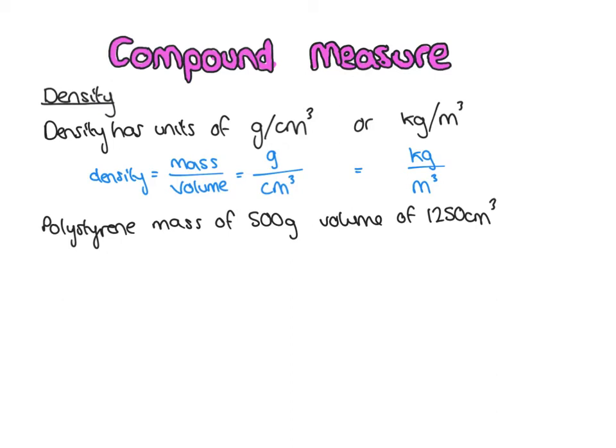Here we've got grams, and centimetres cubed, so it's just like matching the units. We're going to do 500 grams divided by 1,250 centimetres cubed, which gives us 0.4 grams per centimetre cubed.